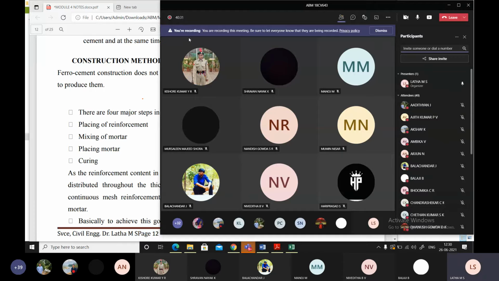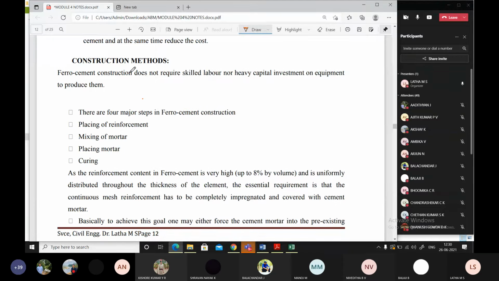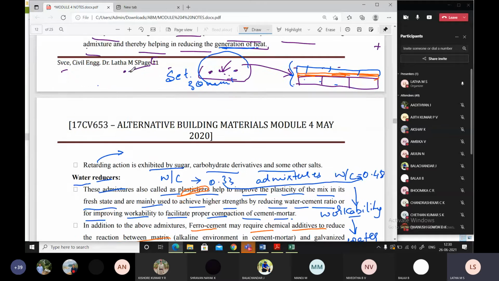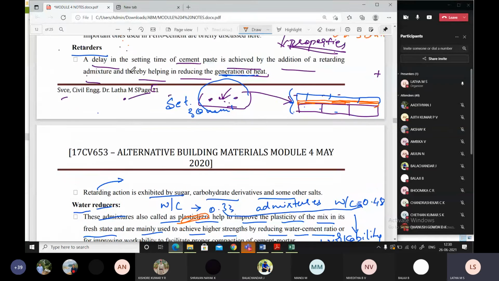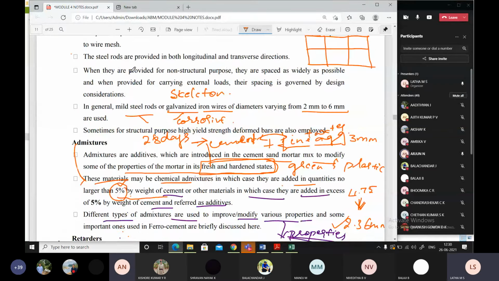What else may I add? I may add retarders, water reducers, admixtures. What you are listening to and what you are answering are completely different from what I teach. I don't know from where you are writing in your test. That is the observation I made.